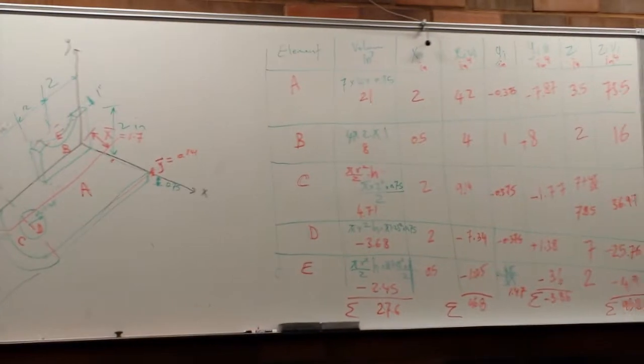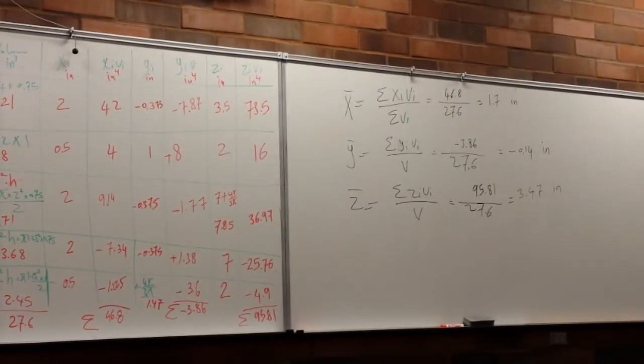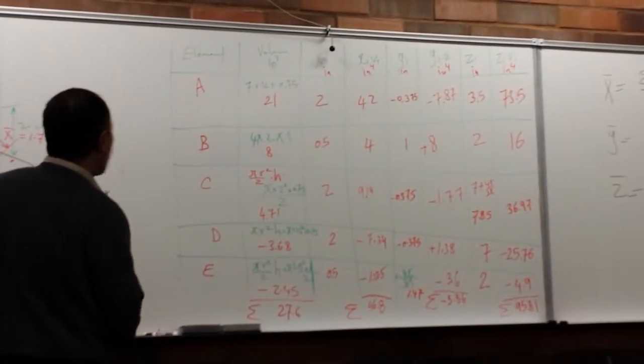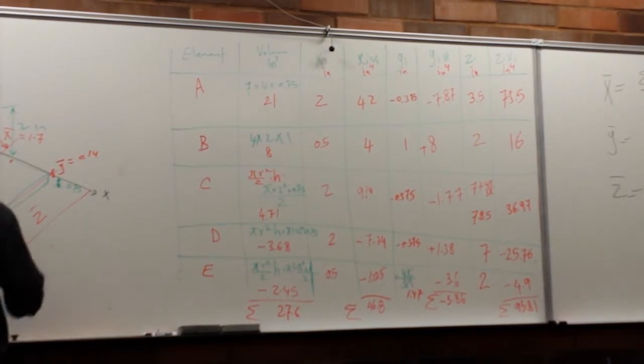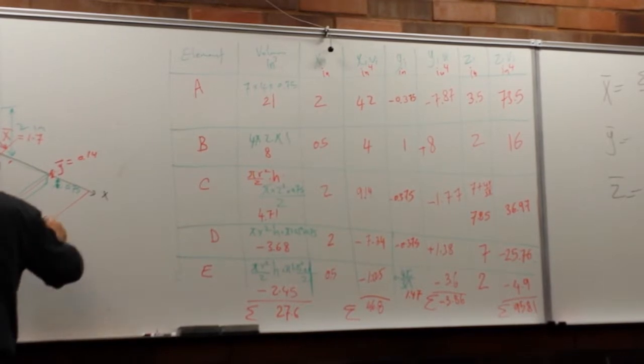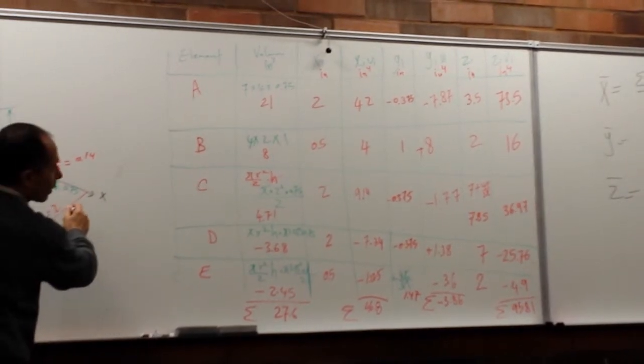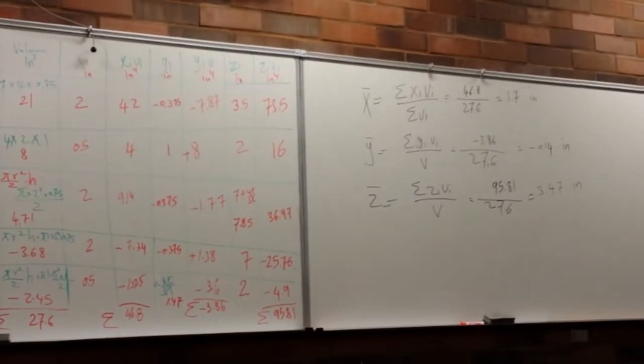Z is coming this way, z bar. 3.5 almost. This is 3, about halfway, 4 somewhere in here. 3.47.